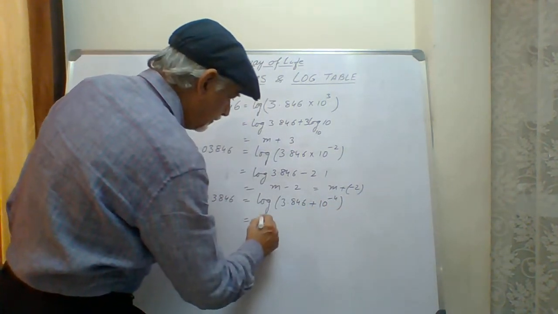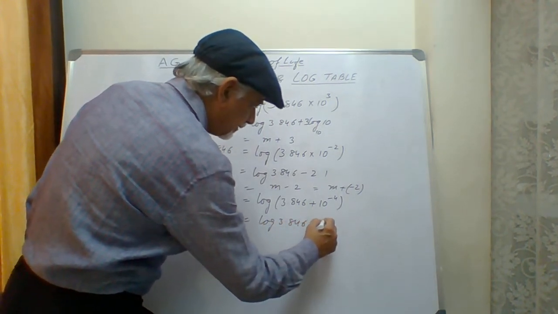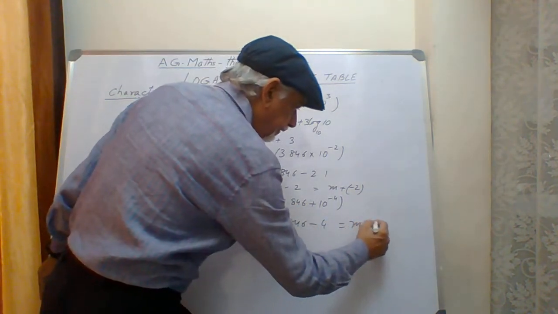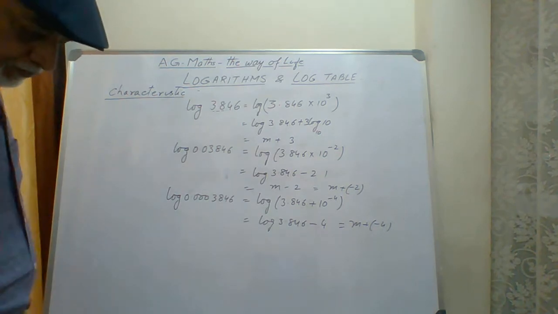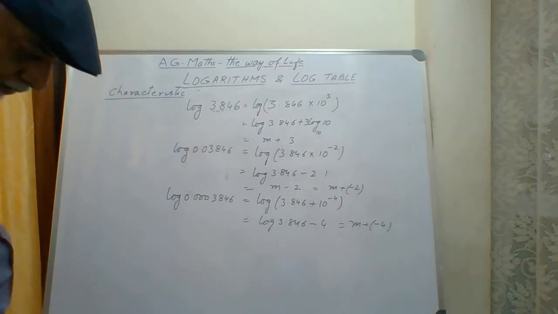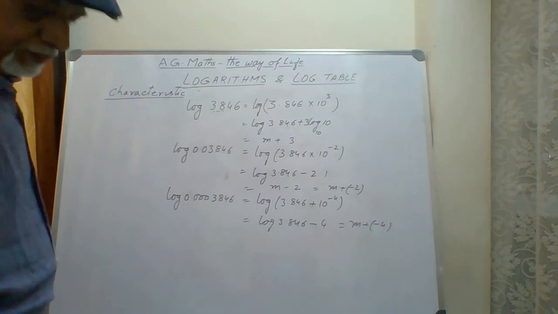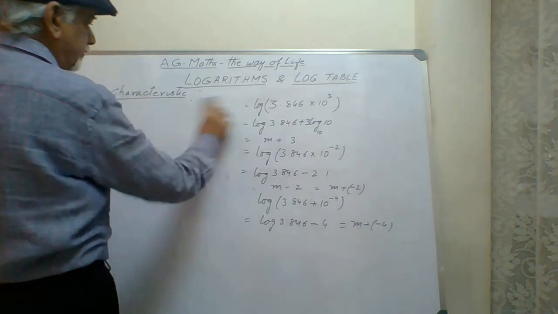This becomes log of 3.846 minus 4, and it is nothing but m plus minus 4. Here is what I wanted to tell you, how the bar on the characteristic value comes. So let's see some problems in the bar shape.